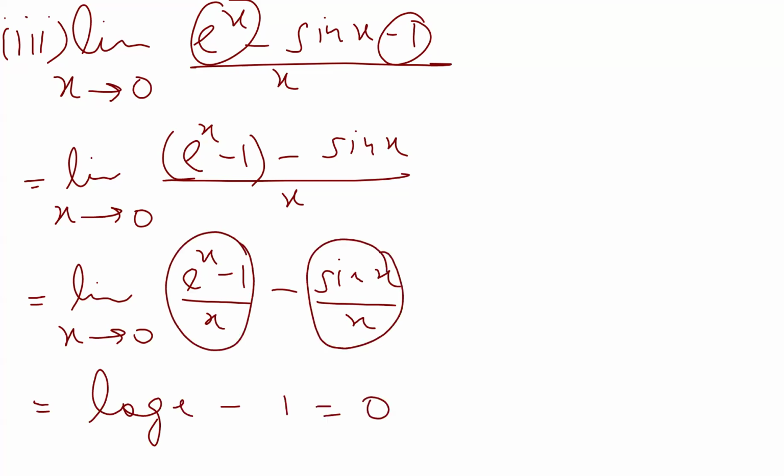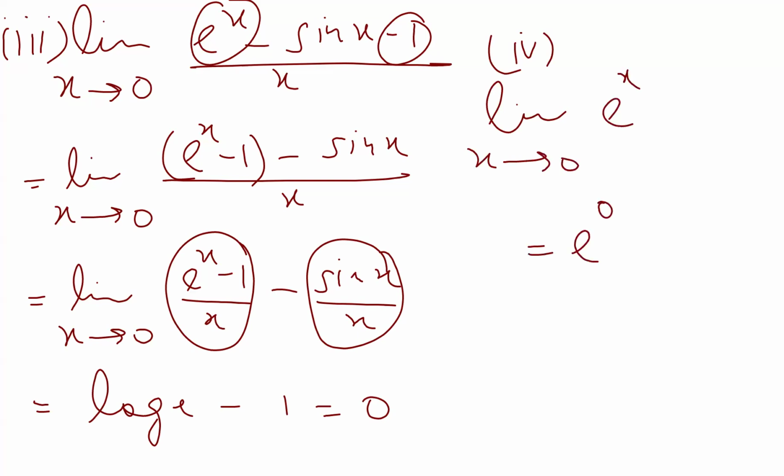Apply the formula. So this is 0 because log e is also 0. Fourth one. Now this is a no-brainer. Put the value of x as 0. So this is 1. Fourth one does not relate to any formula. It's just a brain teaser.